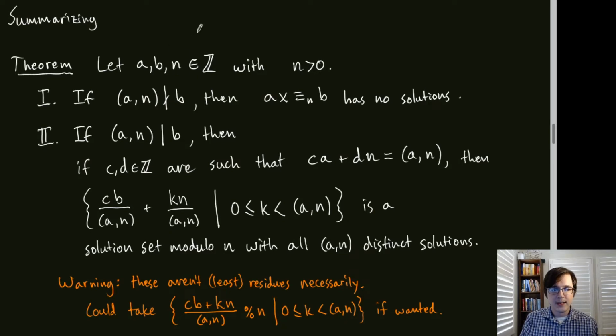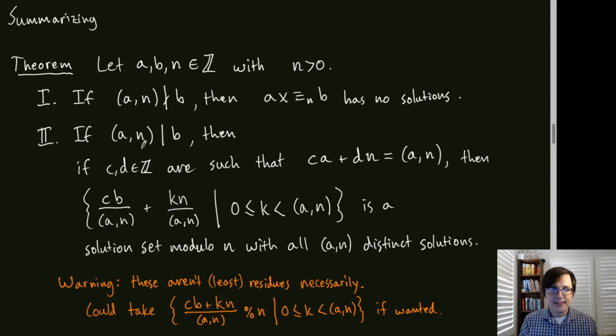And so, in summary, for this theorem, for how to solve these linear one-variable congruences, let's say that we have a, b, and n, which are integers, where n is positive. So there are two cases. Either the GCD doesn't divide b, or it does. And if it doesn't, then this congruence has no solutions.